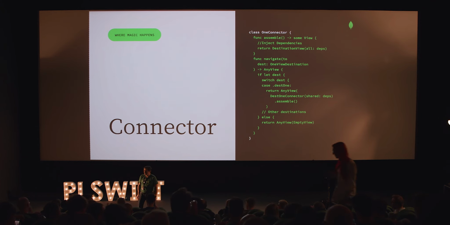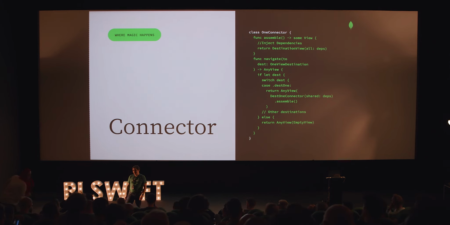Okay, so my main question is, because the connector you're creating it with for every view, if I understand it right, what's with the case if you want to navigate in SwiftUI from any place in your app? So you have navigation on, for instance, on error.